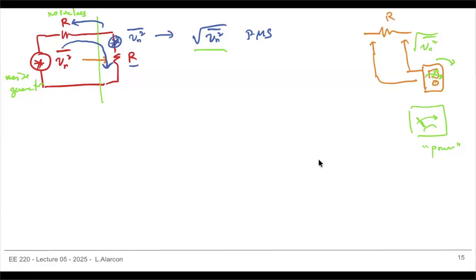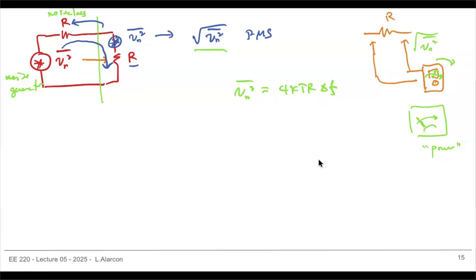Why can't I do that to harvest stuff? So if that's the noise, how do I account for the fact that I'm actually getting some power from the resistor?